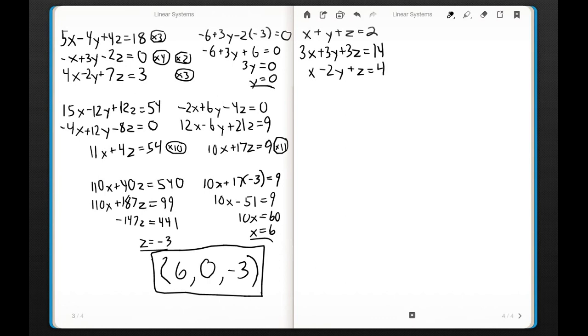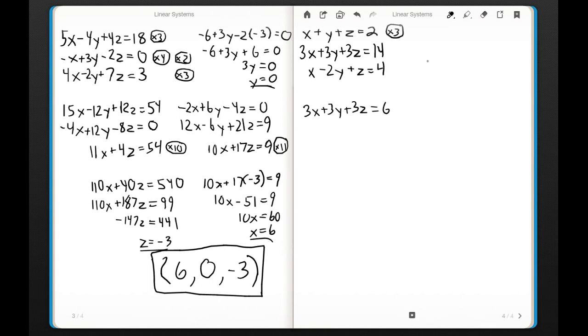In the first one, we have 1x, 1y, 1z, 3x, 3y, 3z. So if we multiply the first equation by 3, we're going to get 3x plus 3y plus 3z equals 6. Now we have the exact same left side, but equal to a different number. 3x plus 3y plus 3z is 14 here. 3x plus 3y plus 3z is 6 here.